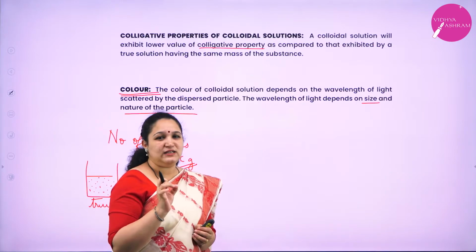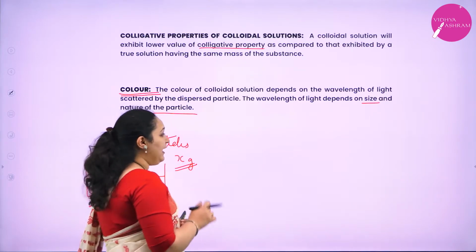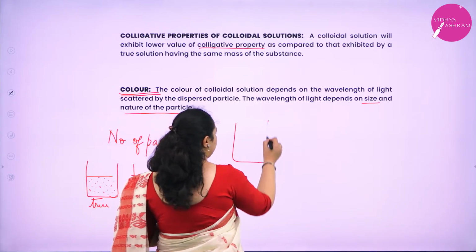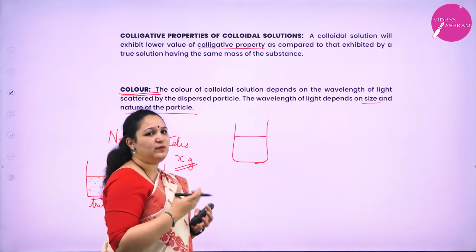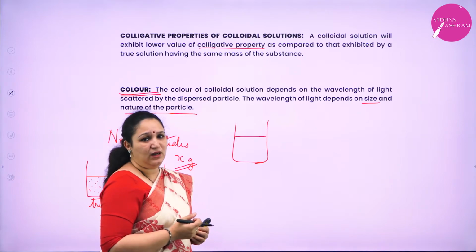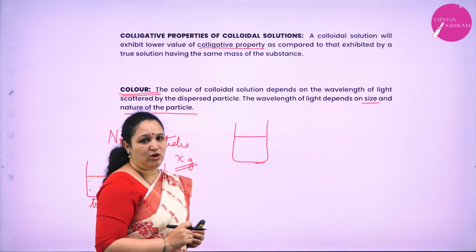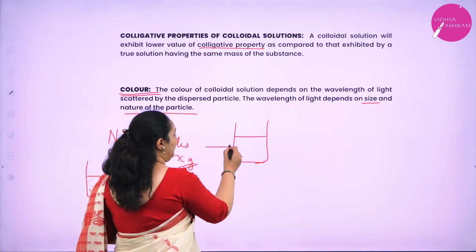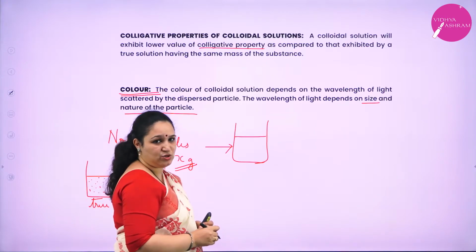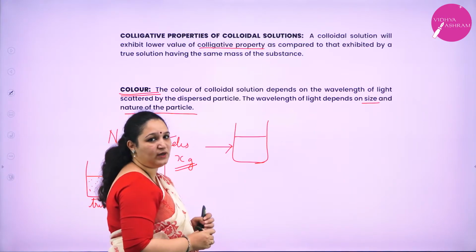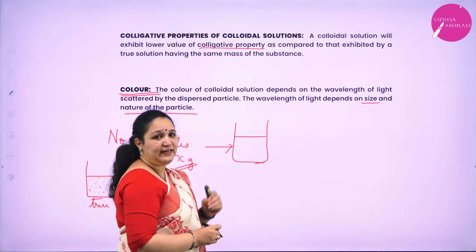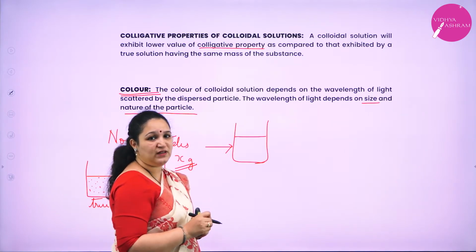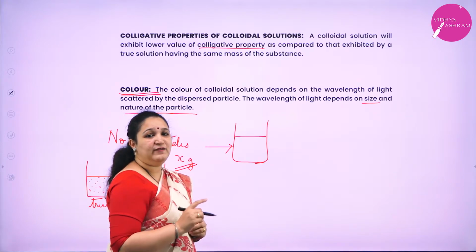For this, I will just take an example and explain. I have taken a colloidal solution: I have taken a little water and mixed it with milk. It becomes a colloidal solution because milk is a colloid. If I pass light through the colloidal solution, that is milk plus water, and the observer is observing the reflected light, it will look blue.